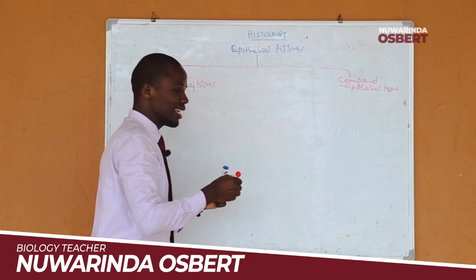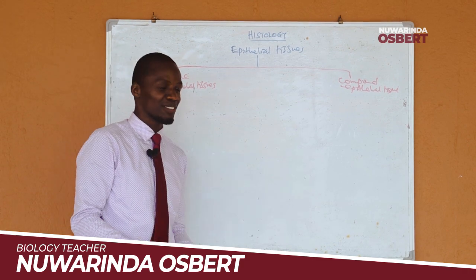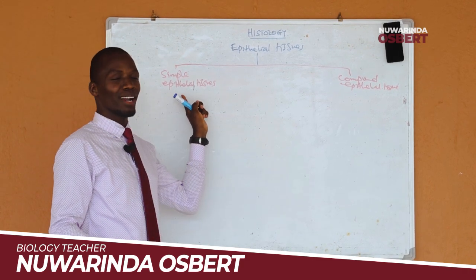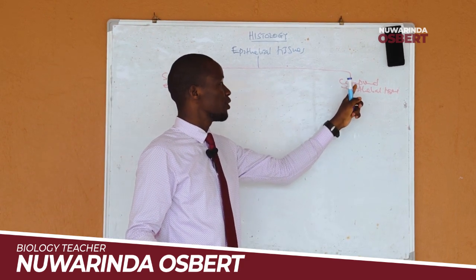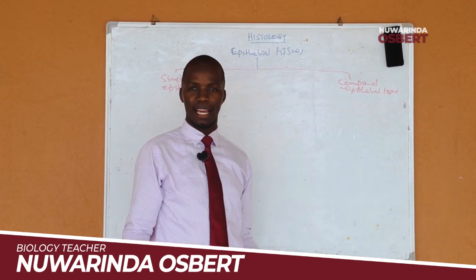Simple ones are made up of one layer of cells, while in the previous video we saw that compound epithelial tissues are made up of very many layers.